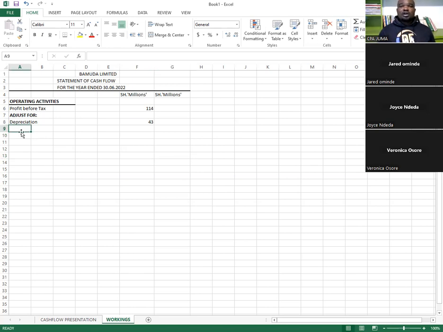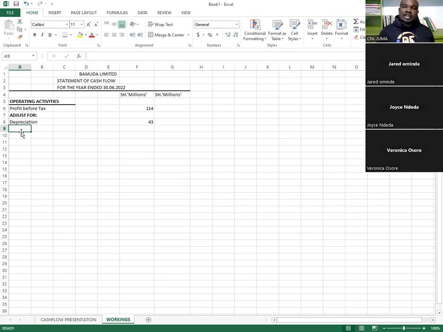Then once you have captured the depreciation, you should quickly think of the two sisters of depreciation. The sisters of depreciation are impairment and amortization. Impairment is to goodwill.